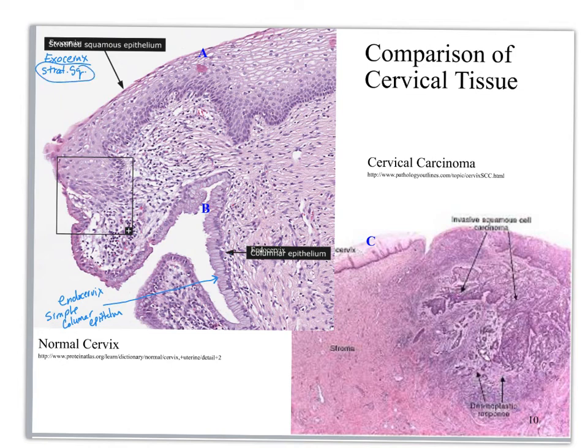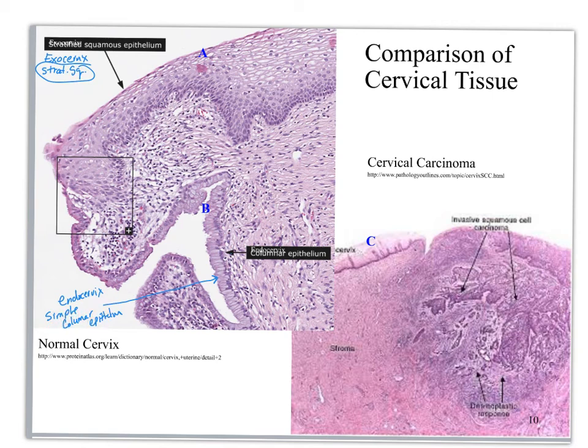Now if we come and look at the endocervix, right here, again, how many rows of cells do you see? All right, you got it? Now what is the shape of those cells? All right, hopefully you got that there was one row and the shape was columnar. So this is simple columnar epithelium.